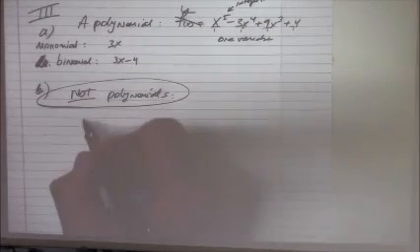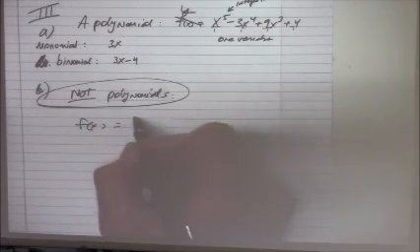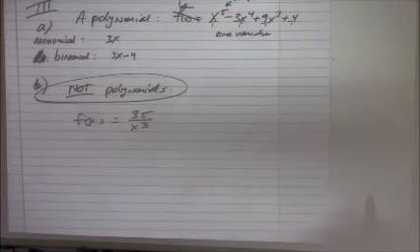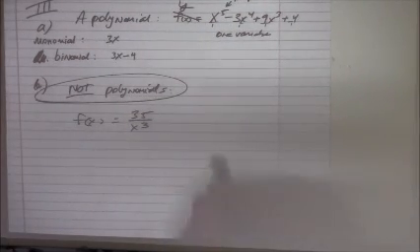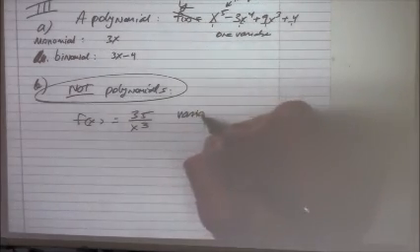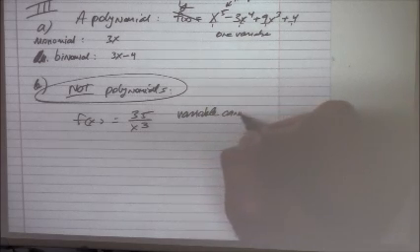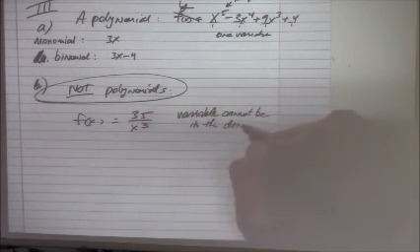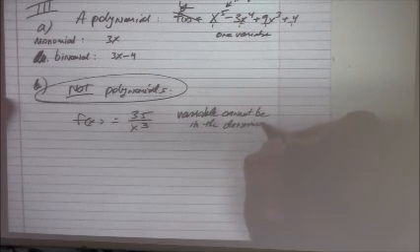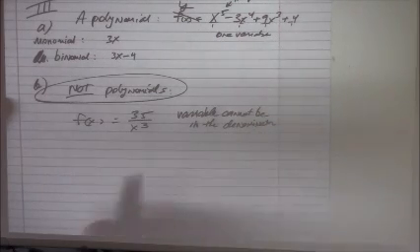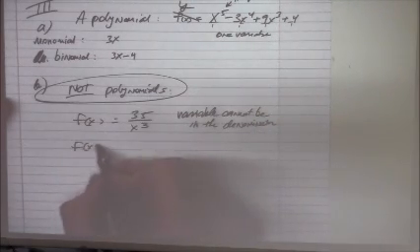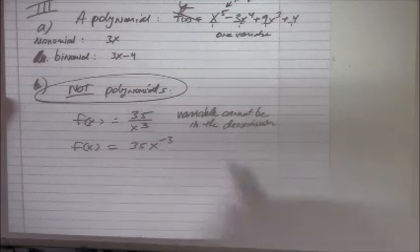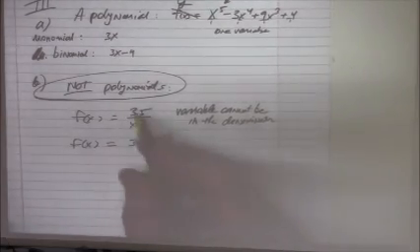So, here, let's look at some like samples. The function of x is equal to 35 over x to the third power. That is not a polynomial because the variable cannot be in the denominator. Then let's look at this one, 35x to the negative 3. Well, these are actually the same.